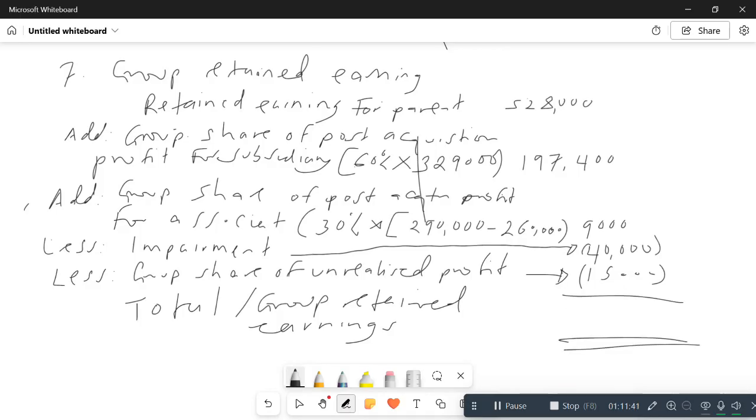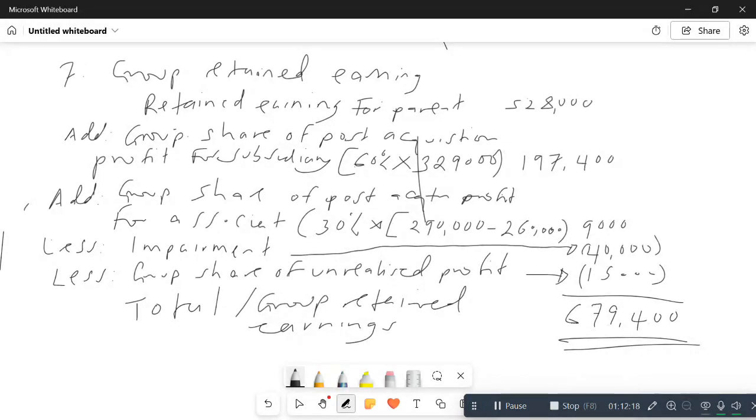When you add the group retained earning for parent, group share of post-acquisition profit for subsidiary, add group share of post-acquisition profit for associate, less impairment, less group share of unrealized profit, the balance will be 6,799,400. Good.